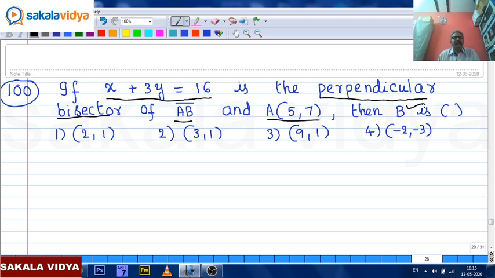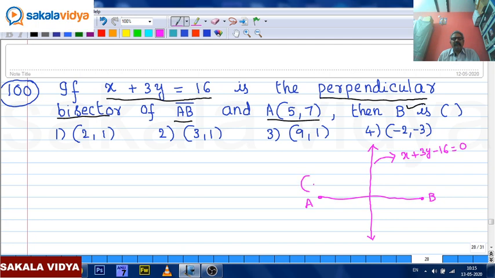Then we need to find B. For example, take the line segment, this is A, this is B, this is the perpendicular bisector whose equation is given by x plus 3y minus 16 equals 0.